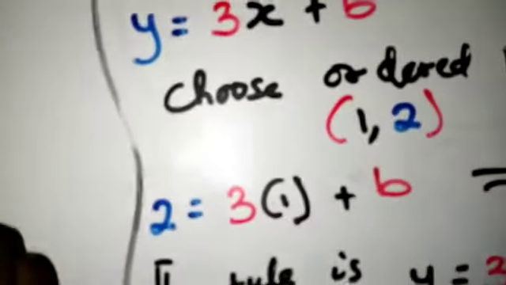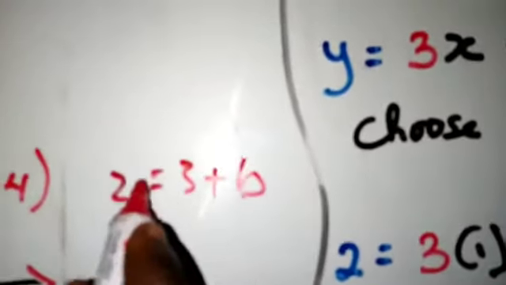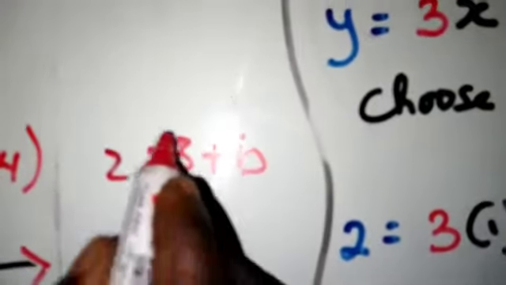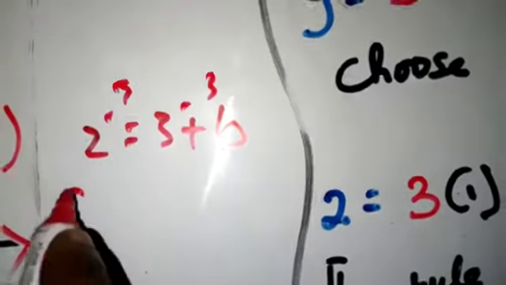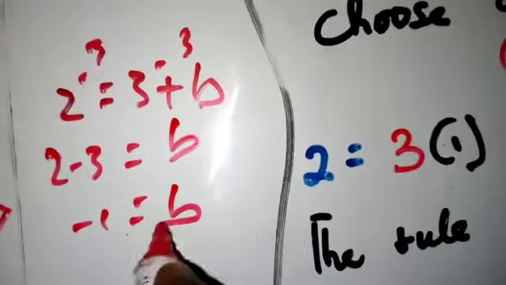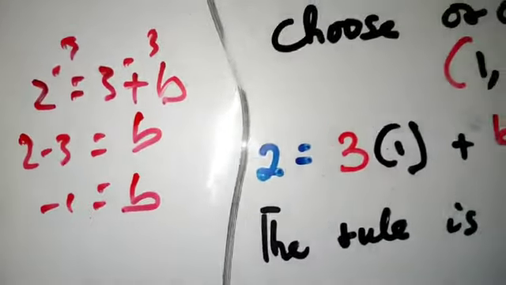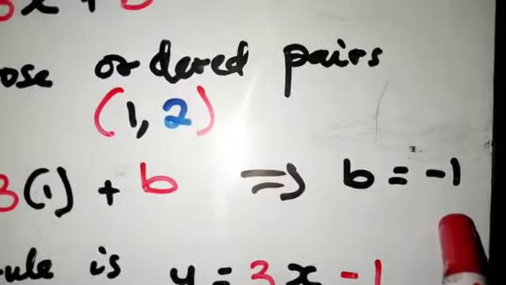If you don't know how to solve, that should be 2 is equal to 3 plus 1b. 2 is already here, don't bring the 3 to the front. You subtract by 3, so that will be 2 minus 3 is equal to b. So minus 1 is equal to b, right? That is very simple. So b is equal to minus 1. That is how I got b to be minus 1 here.